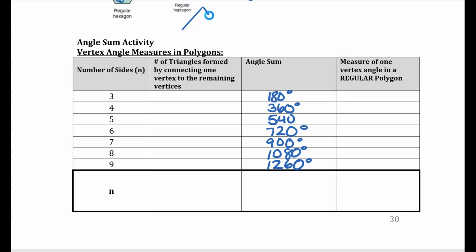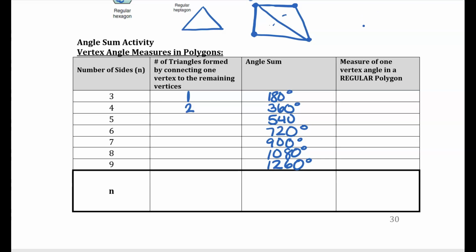A triangle is made up of one triangle, pretty obvious there. A four-sided figure, so let's say 1, 2, 3, 4, and it doesn't matter what type of figure as long as it has four sides. I just happened to draw a trapezoid. If we make triangles by taking one vertex and connecting to the other vertices, we end up forming two triangles.